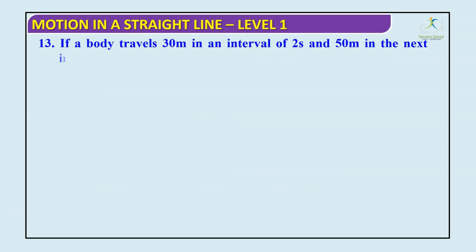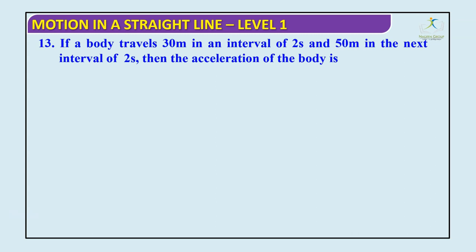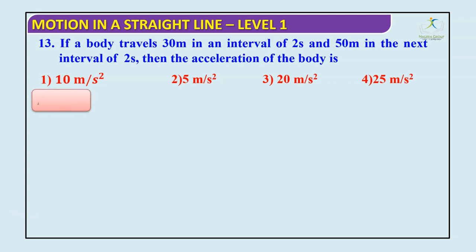Next question is: if a body travels 30 meter in an interval of 2 seconds and 50 meter in the next interval of 2 seconds, then the acceleration of the body is 10 meter per second square, 5 meter per second square, 20 meter per second square, or 25 meter per second square. Let's move on to the solution part.